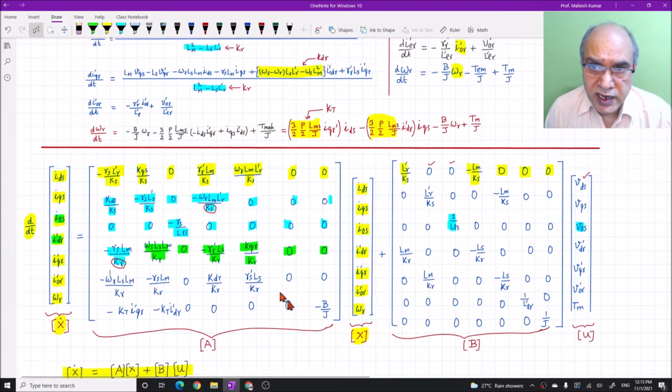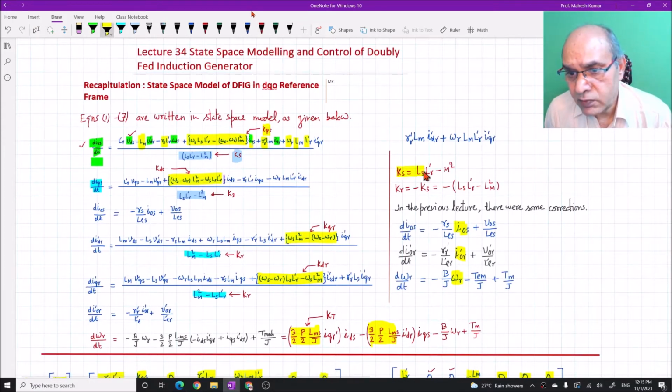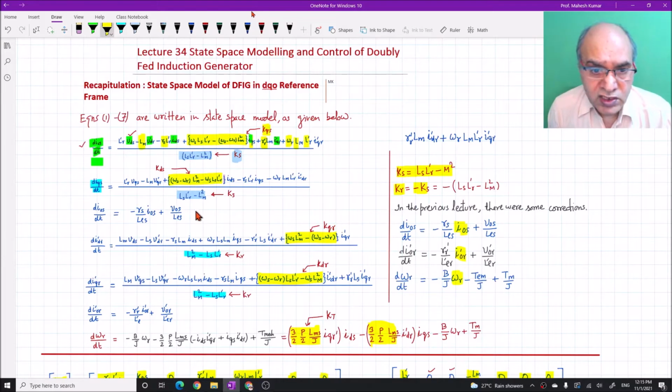Kr is minus Ks because we have assumed that the coefficient Ks is Ls Lr' minus Lm square, and Kr is minus Ks, which is actually Lm square minus Ls Lr'. So you can see it here, this is Lm square minus Ls Lr'. So this is Kr and this is Ks.